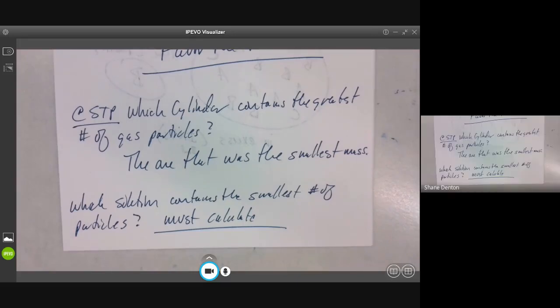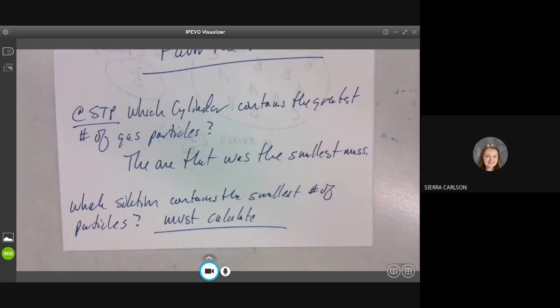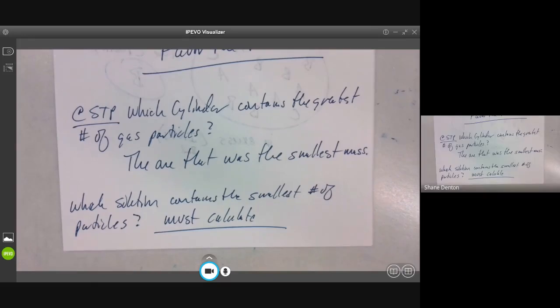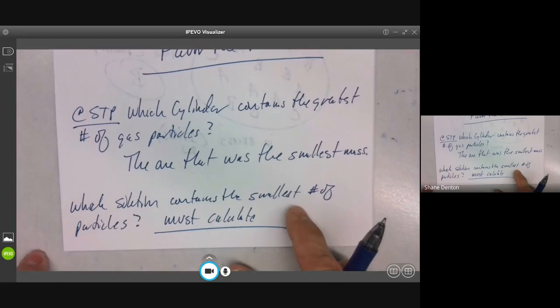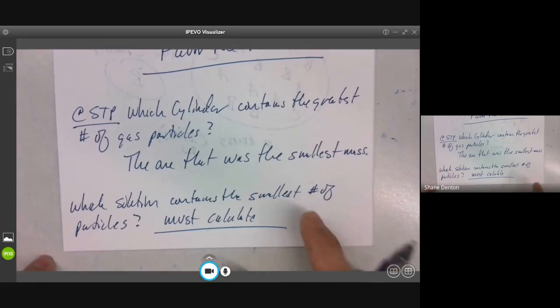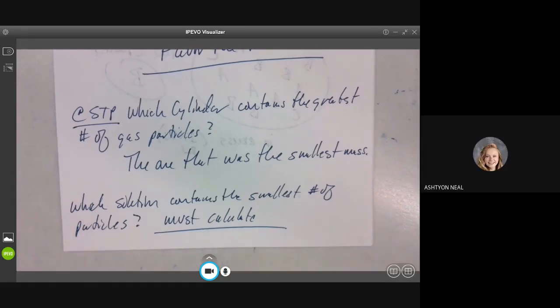But what are the units there? It is moles over liters, volume. So if I have a high molarity, that means I've got a whole bunch of moles, right? If I have a whole bunch of moles, that means I've got a large number of particles, don't I? So if they were all molarity, I would want the one with the smallest, wouldn't I? Yeah. Okay.